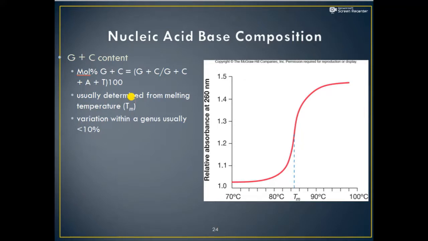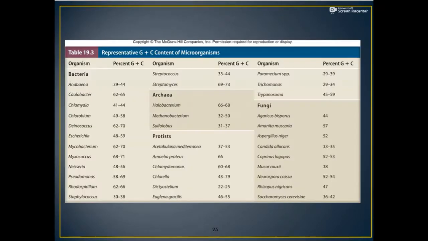So if you have two different bacteria or two different organisms, you take their DNA, check their nucleic acid base composition, and based upon that you can characterize the melting temperature as well as the G plus C content. Now you can see there are different genera of bacteria, and they have different G plus C content.